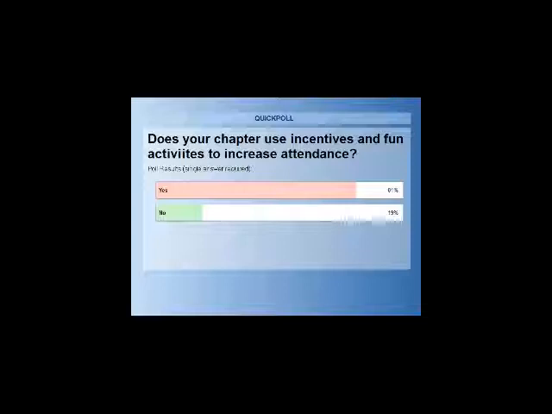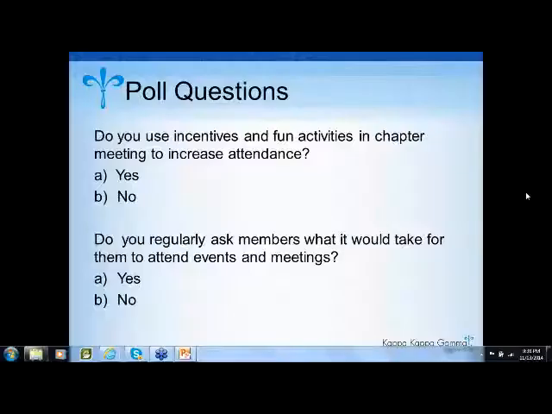That's terrific. Good. And our second poll: do you regularly ask your chapter members what it would take for them to attend events and meetings?